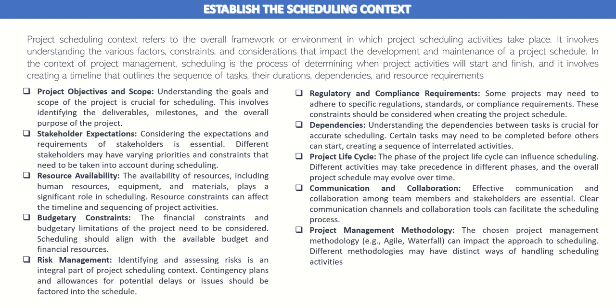Communication and collaboration. Effective communication and collaboration among team members and stakeholders are essential. Clear communication channels and collaboration tools can facilitate the scheduling process, because you have your own knowledge and you know the techniques for proper scheduling, but once everything is done, how are you going to manage it?